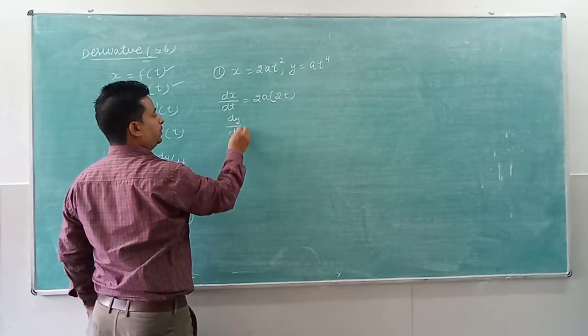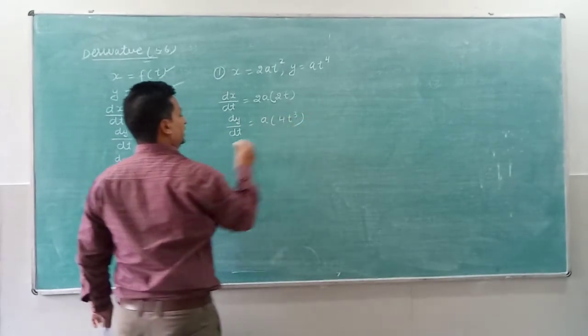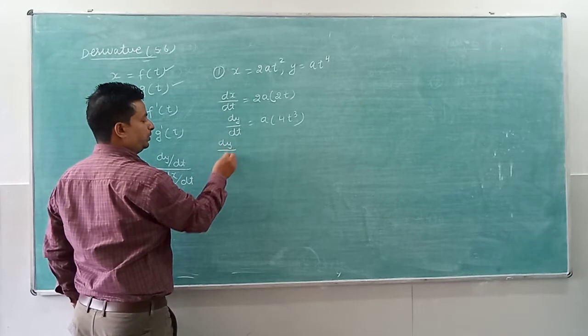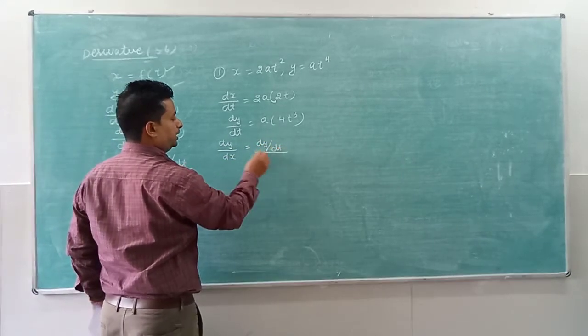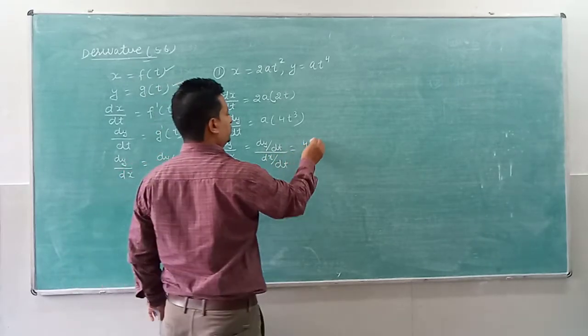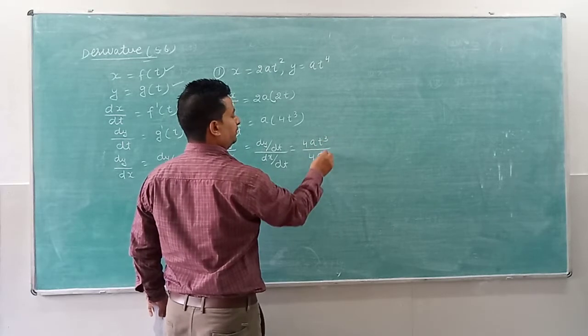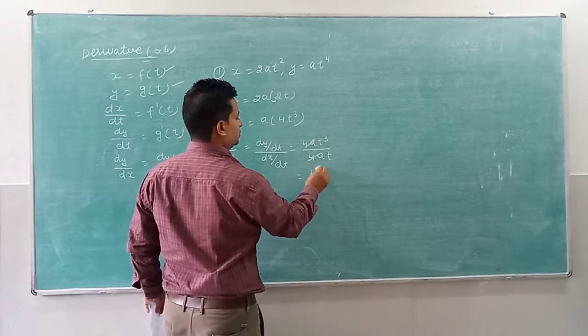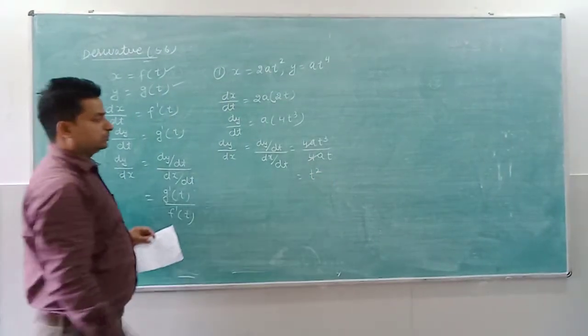And dy upon dt is 4at cube. When we find dy upon dx, which is dy upon dt upon dx upon dt, this is 4at cube over 4at. These are cancelled out, so t square is the answer of this question.